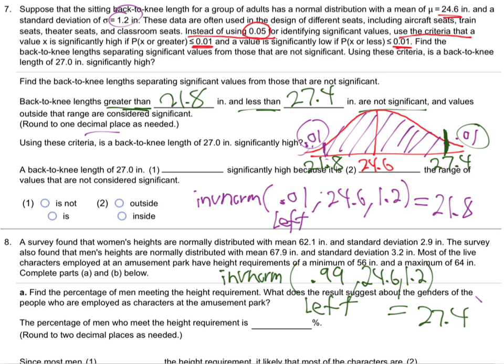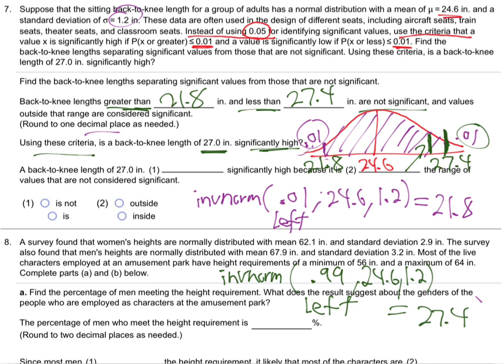Using these criteria, is 27.0 significantly high? What if somebody has a 27.0 inch back to knee sitting distance? Is that significantly high? No, 27.0 would be about right there. So it's in the somewhat normal range. It's kind of high, but it's not significantly high.